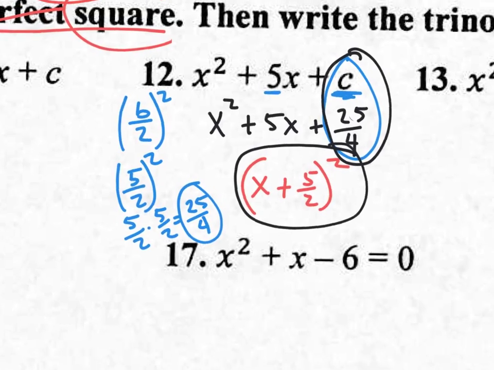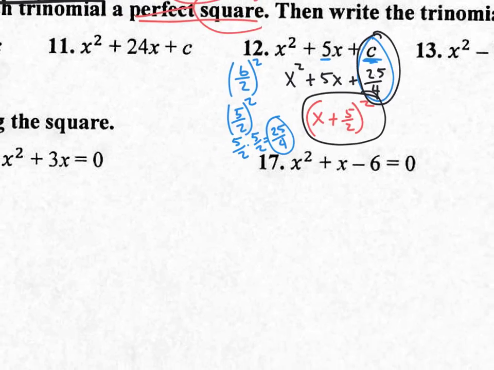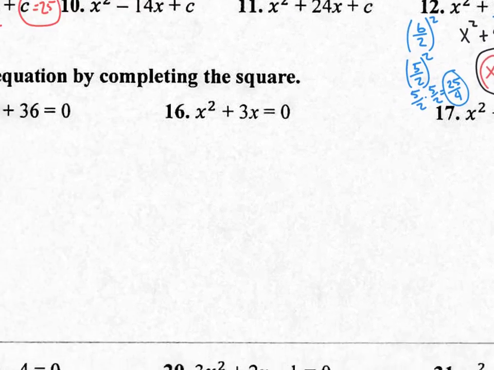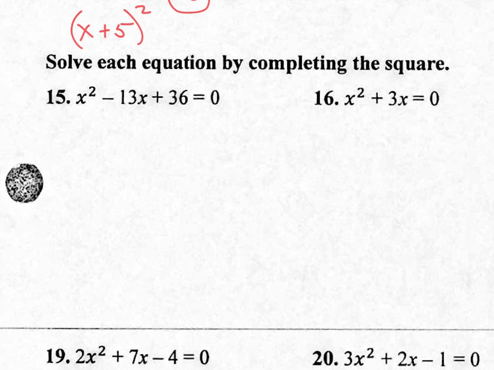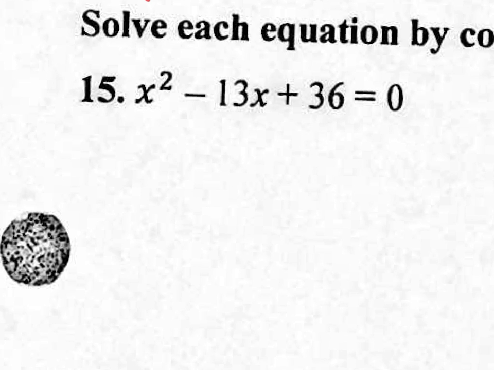So we've done a couple of the first section, done a couple of the second. Let's jump to the third section, where it actually says solve each equation by completing the square. So again, if your b value is odd, it might be a little bit more difficult. However, don't just jump into moving this guy over to this side.